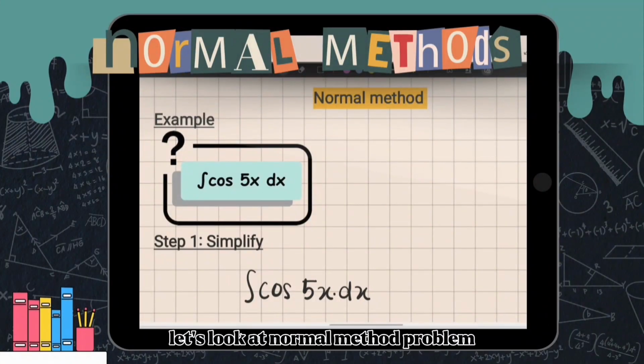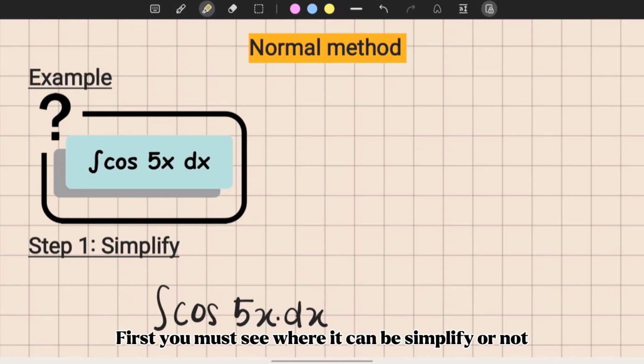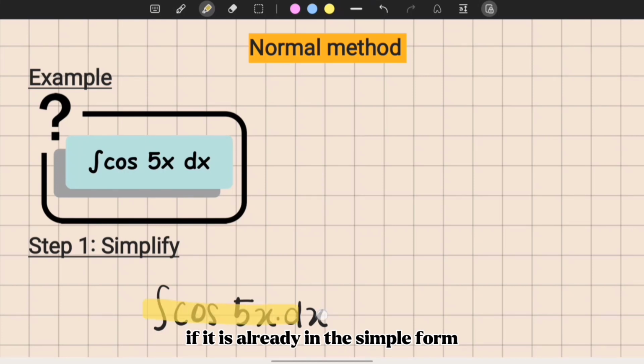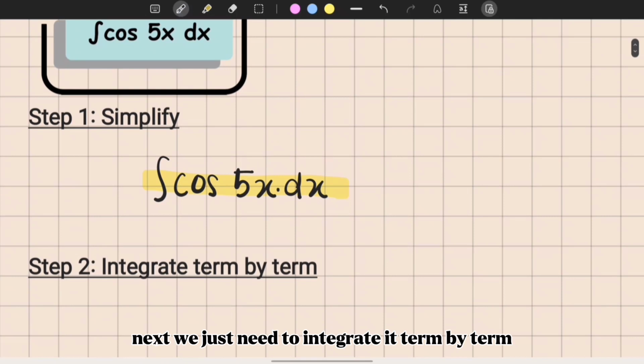Let's look at a normal method problem. So in this example, we are given this equation. First, we must see whether it can be simplified or not. If it is already in the simple form, next, we just need to integrate it term by term.